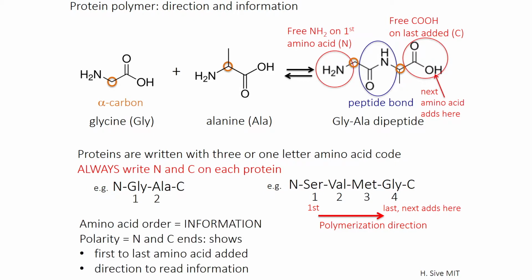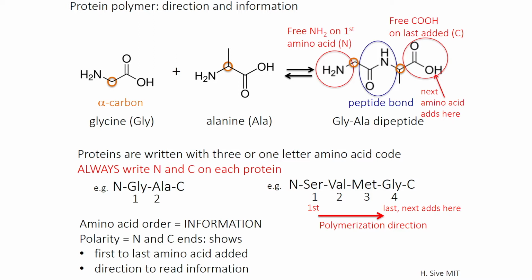The order of the amino acids is the information. The polarity of the amino acid chain, the N and the C ends, shows the first to the last amino acid added, and the direction to read the information.